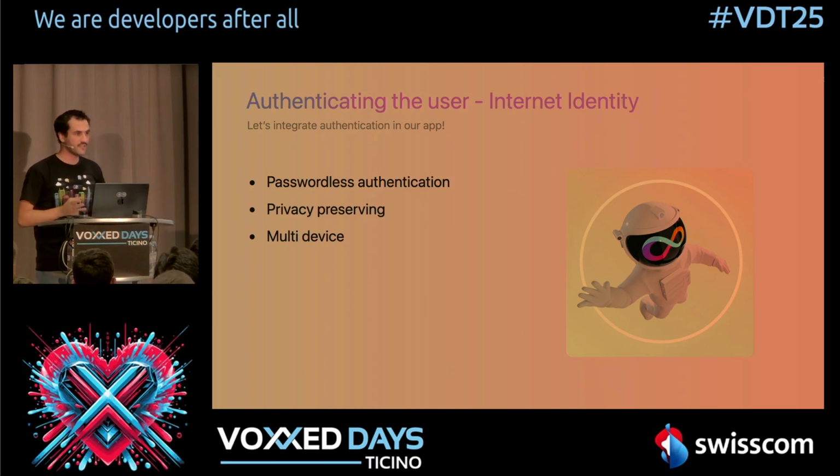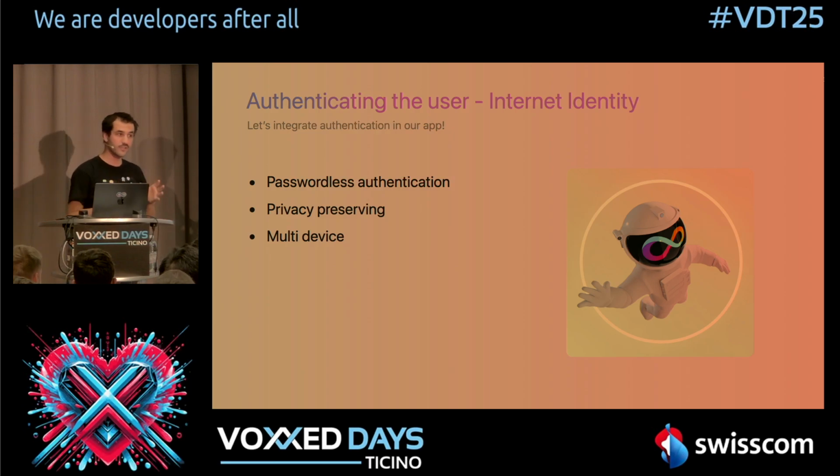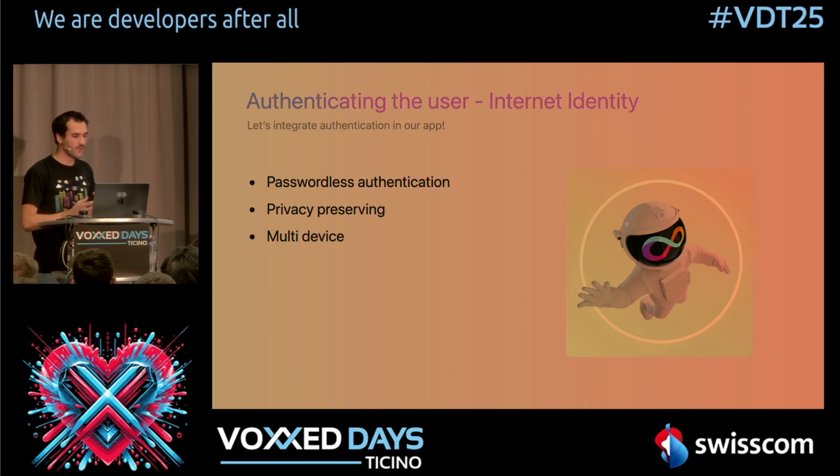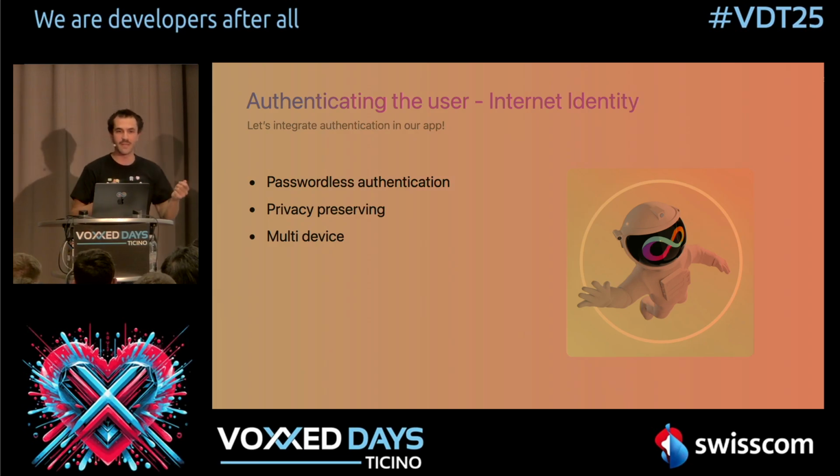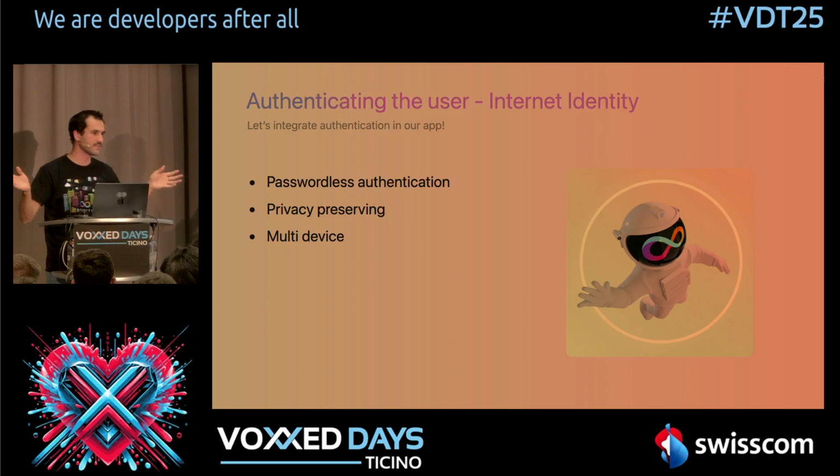And then, of course, since we are using passkeys, it's also possible for our users to associate more than one device to their identity in order to log into applications from different devices.